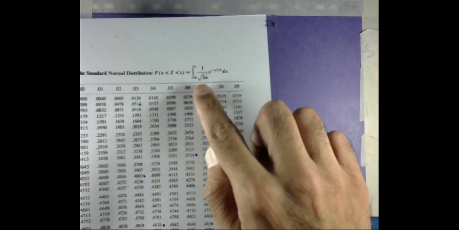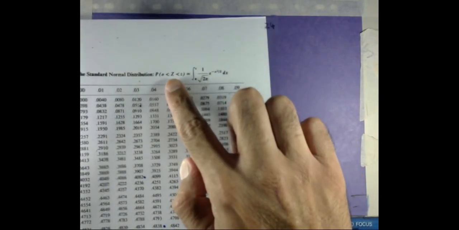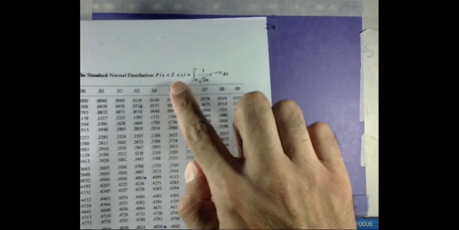I have taken it from another book, so they have used the term normal, but I have told you that normal and Gaussian are one and the same thing. Let me show you. This is the probability that the random variable z is greater than 0 and less than this.